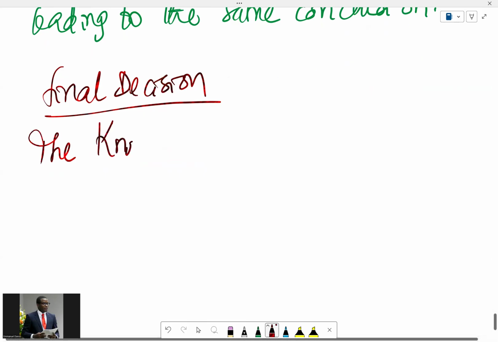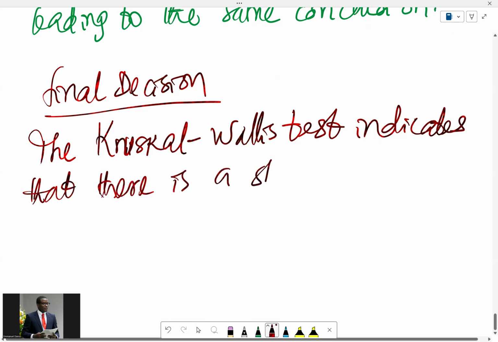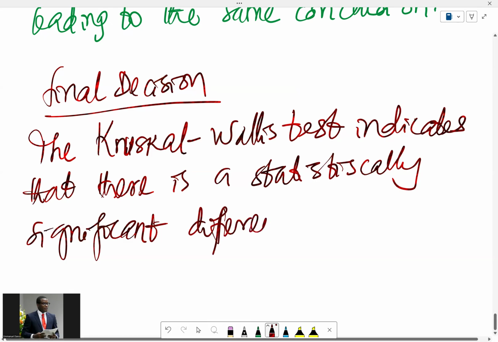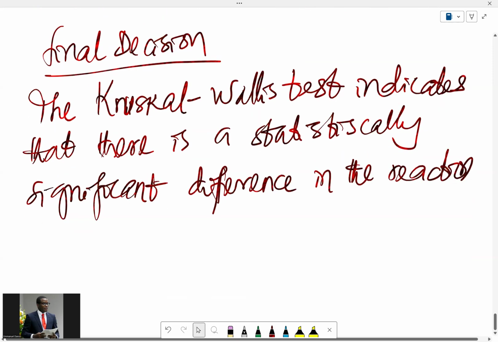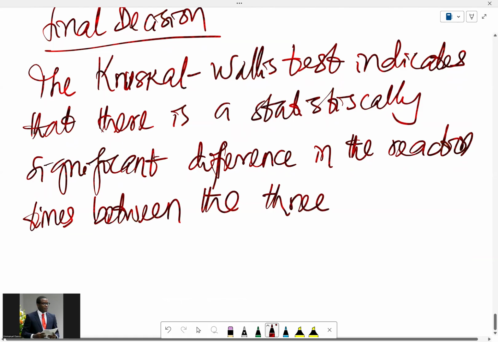So the Kruskal-Wallis test indicates that there is a statistically significant difference in the reaction times between the three age groups.